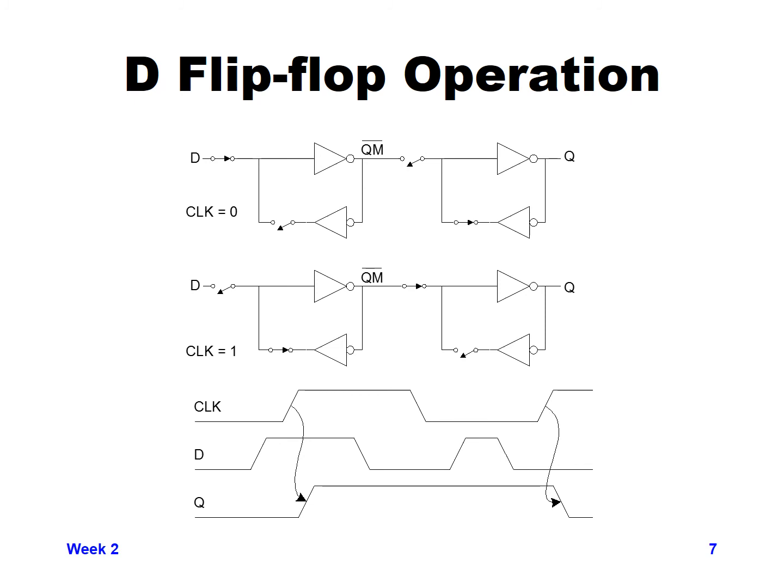When clock goes from low to high, the very first switch from D to the first latch opens up, so the first latch holds a constant value. The feedback loop switch closes, and the feedback loop is now fully connected.